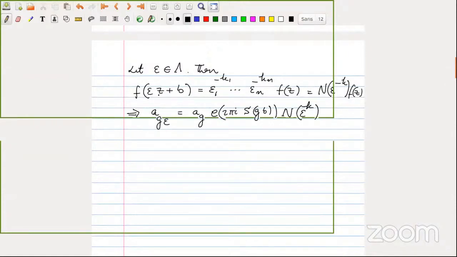This is the result of comparing the Fourier coefficients.